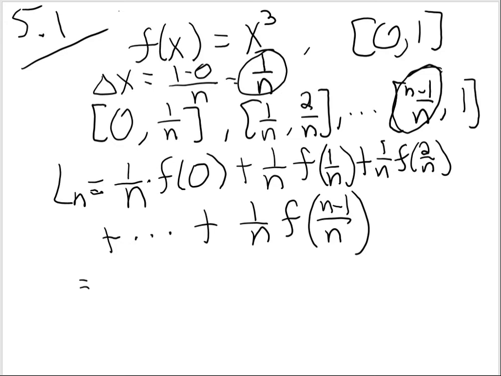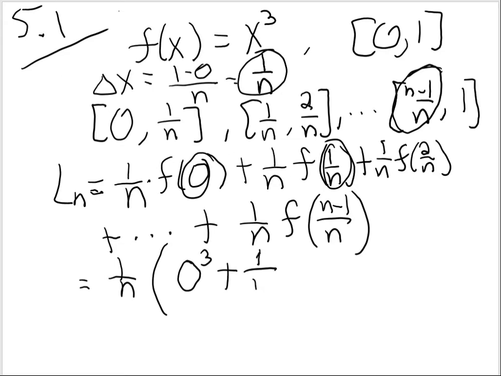Okay, I can factor out 1 over n and plug each of these x values into the function. This will be 0 cubed plus 1 over n cubed plus 2 cubed over n cubed, all the way to n minus 1 cubed over n cubed.